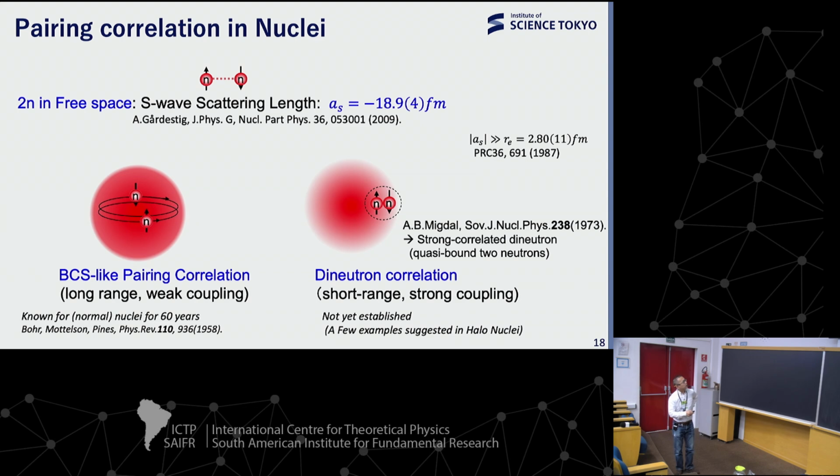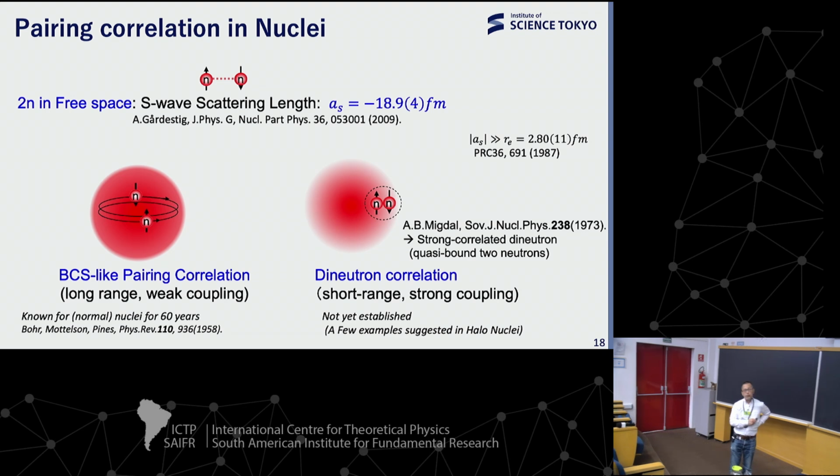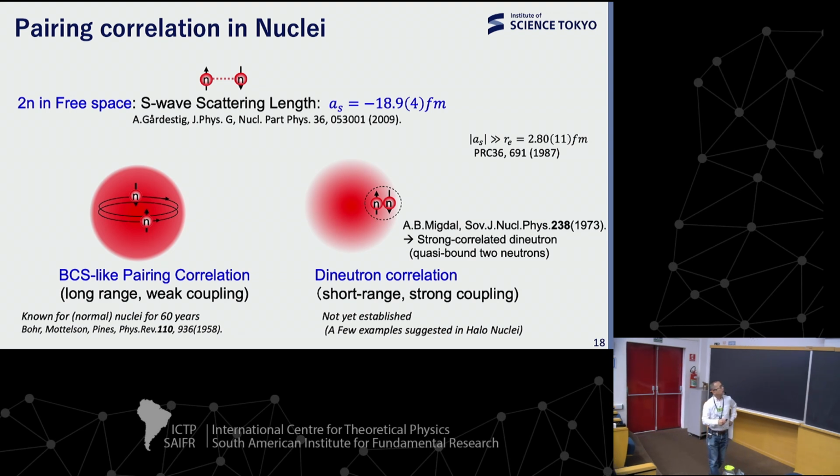And we know that if we put this inside a normal nucleus, like a stable nucleus, BCS-like pairing correlation occurs, which has been known for many years, 60 years maybe. And the property is that the coherence length is very large. Actually, it's over the size of a nucleus usually. And so it's long range, and we can say weak coupling.